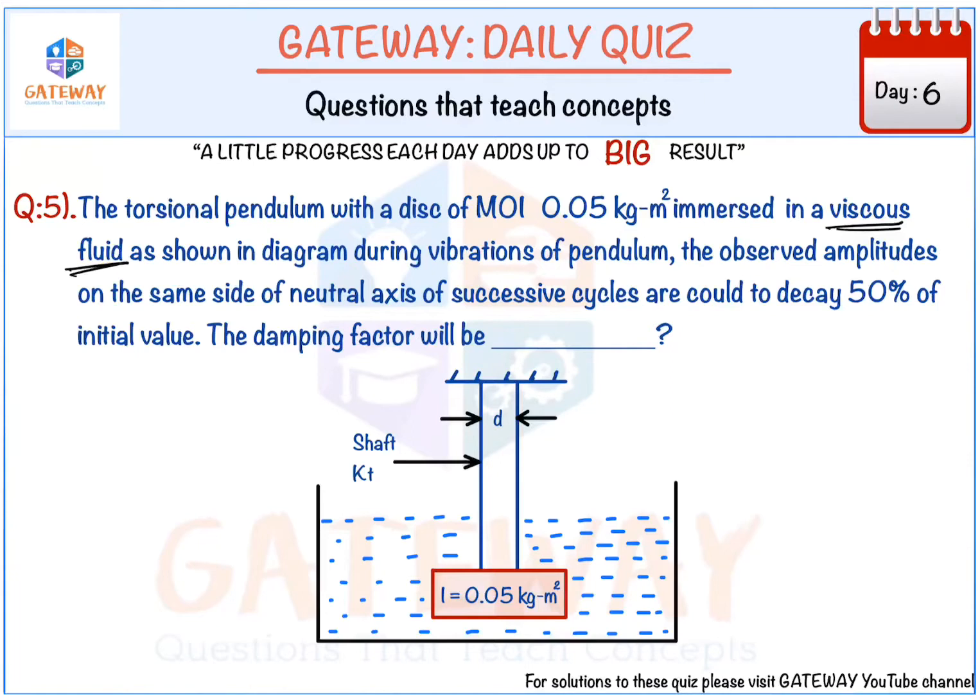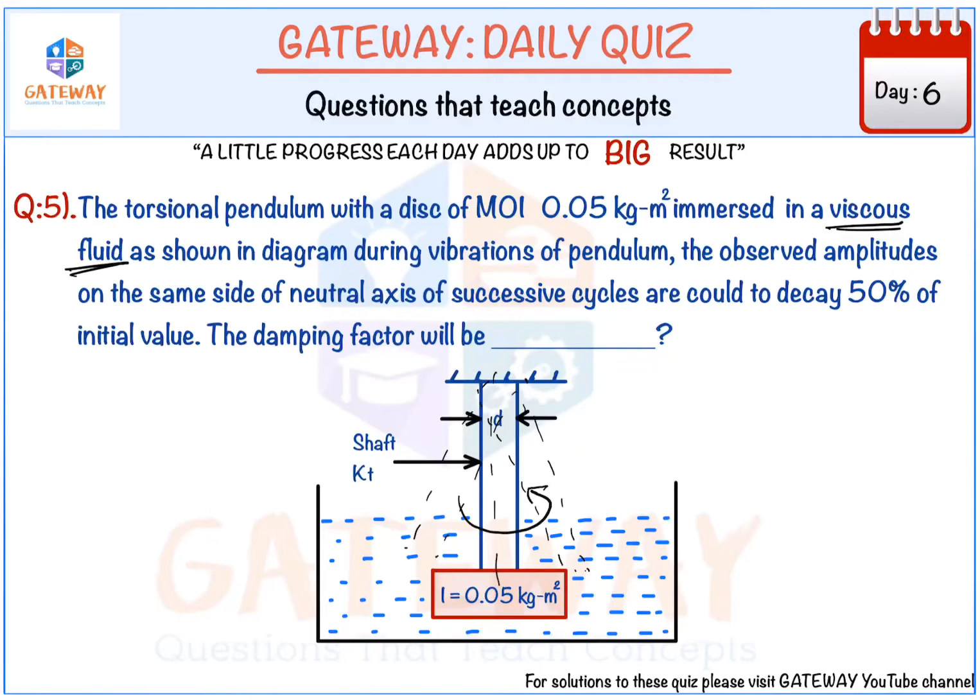During vibrations of the pendulum, the observed amplitudes on the same side of the neutral axis are measured in successive cycles. This is a torsional pendulum: we give a rotation to the disc and leave it, so it starts vibrating about its neutral axis, a torsional vibration.